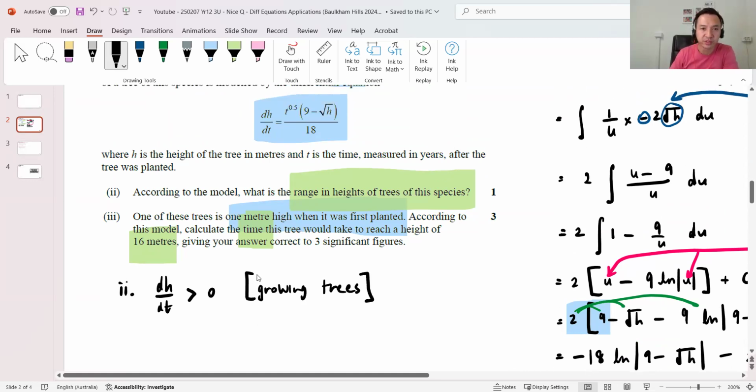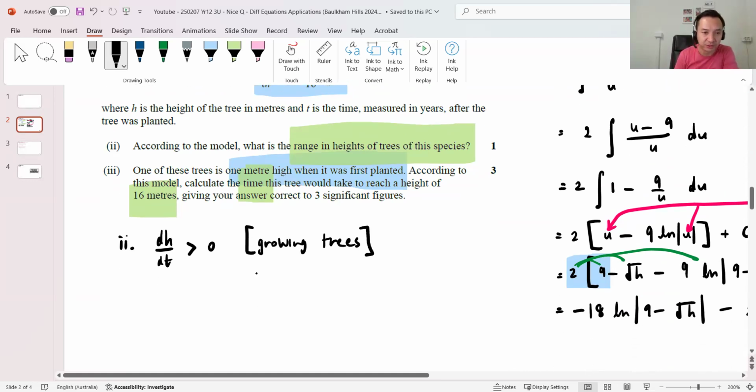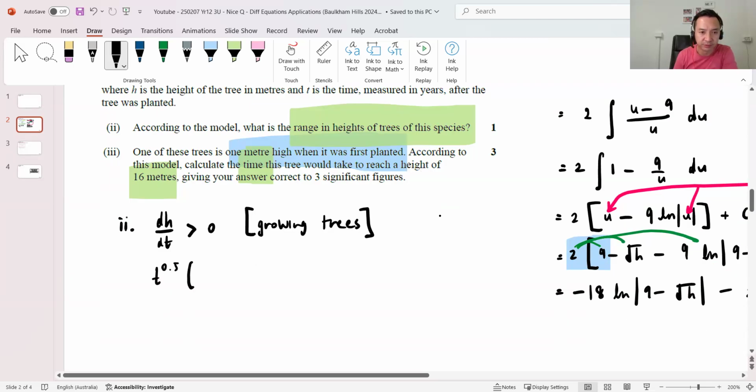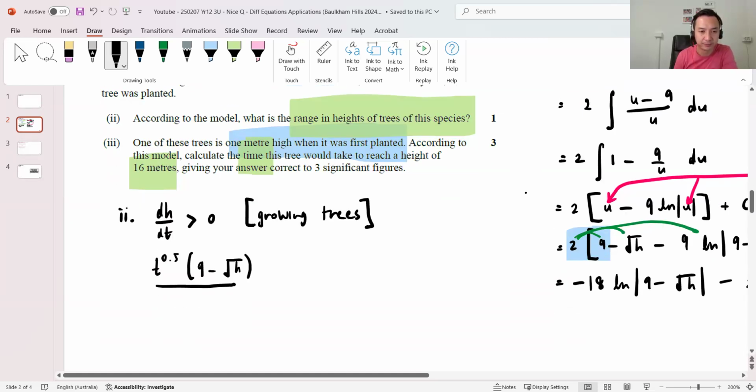All right. So therefore, I'm going to set that differential equation. t to the 0.5, so 9 minus root h over 18 is always greater than 0. Now, t is time, right?